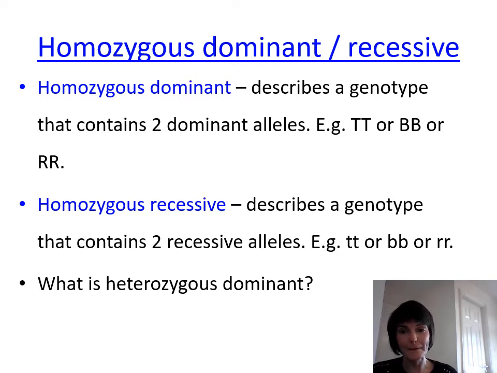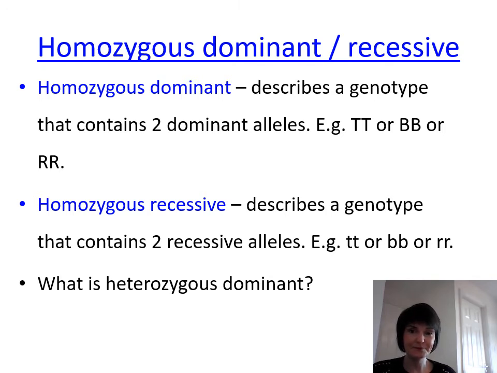So you would be big T, wee t, or big B, wee b, or big R, wee r. So you have got both one dominant allele and one recessive allele. But because you have the one dominant allele, that dominant allele will always appear in the phenotype. Okay, so we've got three terms there: homozygous dominant, homozygous recessive, and heterozygous dominant.